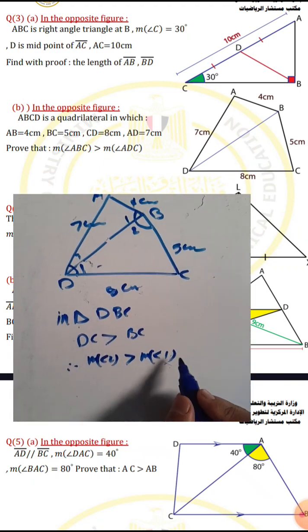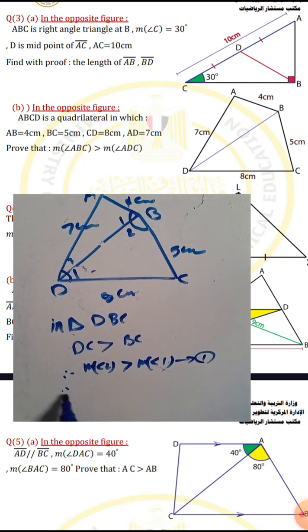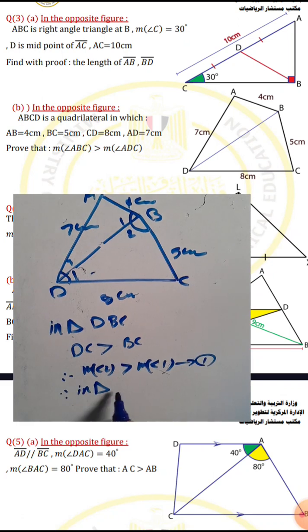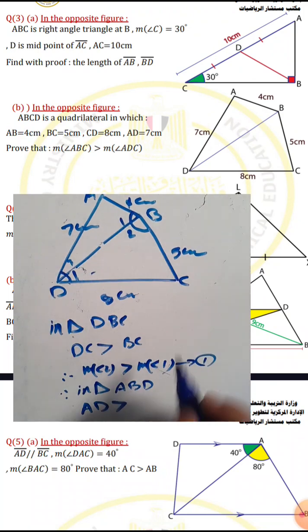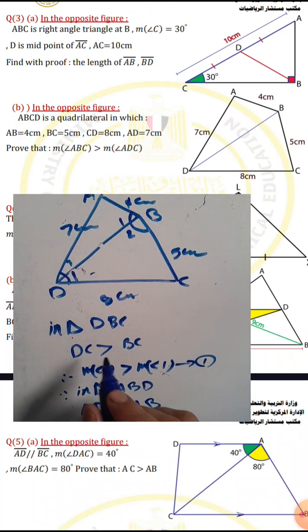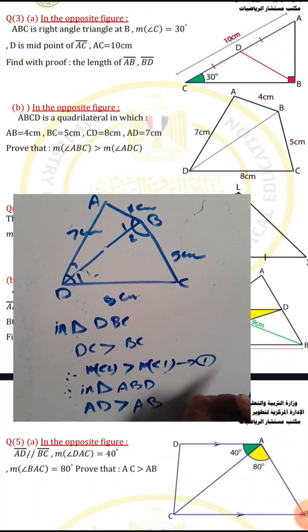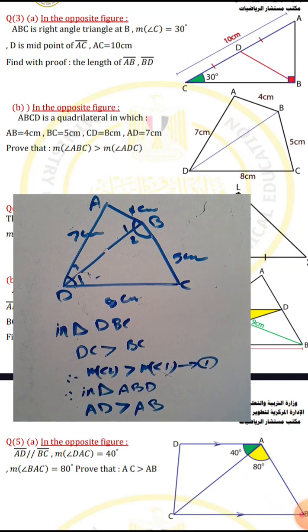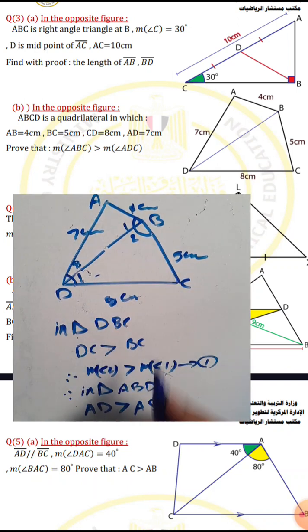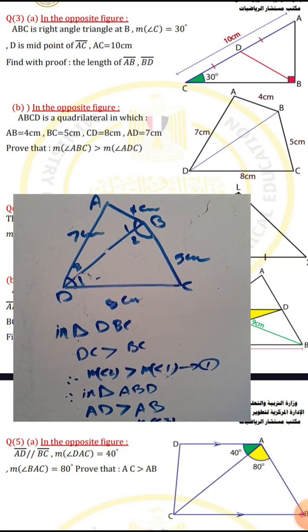It's the first relation. And the second relation, in another triangle ABD, we have 7 centimeters. AD is greater than AB. Then the measure of angle 1, which is opposite 7, will be greater than the measure of angle 3.